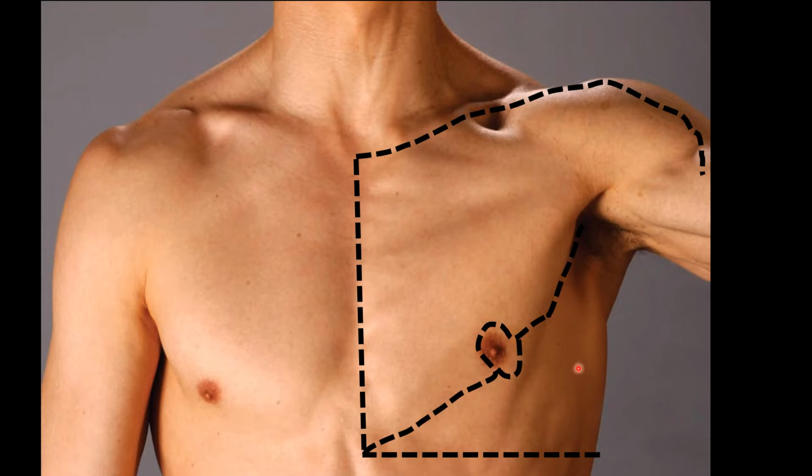So we are going to reflect the skin. To reflect the skin, we need to take the toothed forceps. A small part of the skin has to be reflected, and slowly we have to reflect the skin flap.